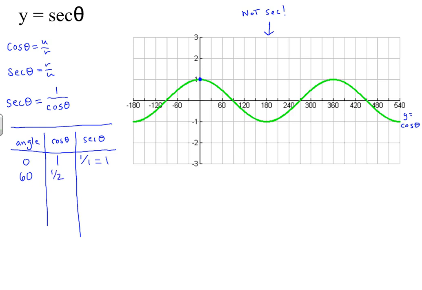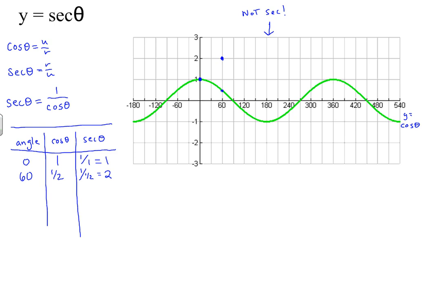Even if you didn't know that, you could look at the graph and see that this point at 60 degrees has a y value of 1/2. You could have just read it off the graph. So the secant of theta is going to be 1 divided by 1/2, which is 2. So 2 is right here. It looks like secant is going up.